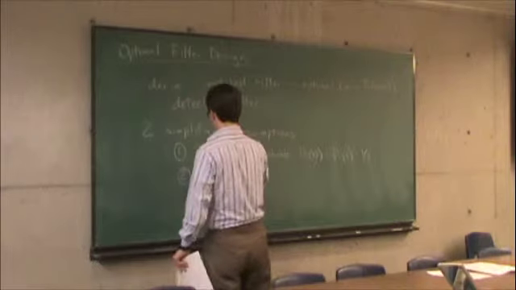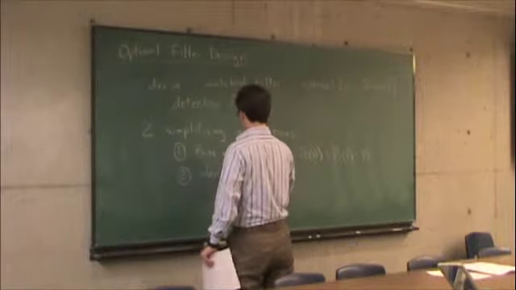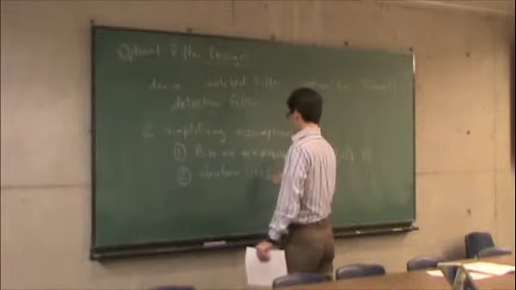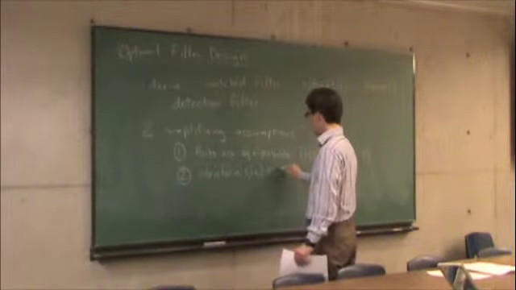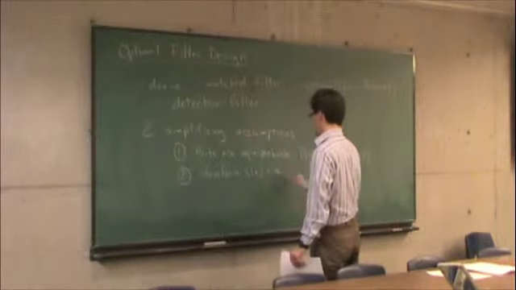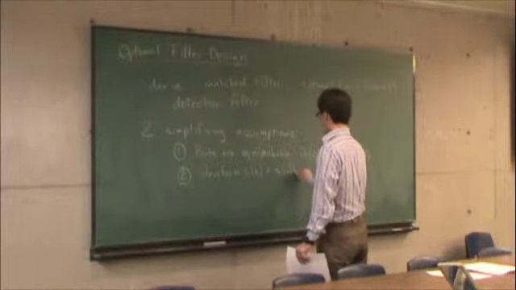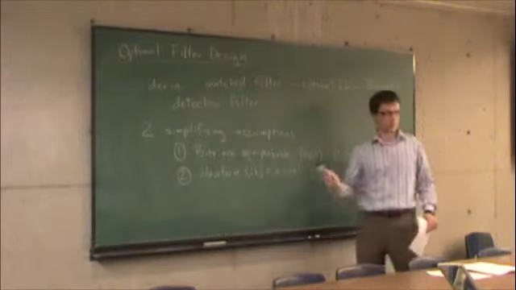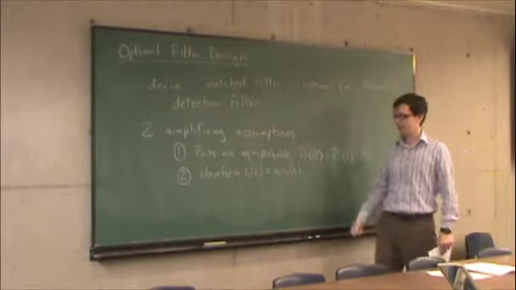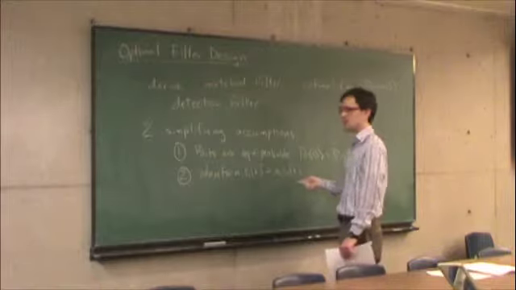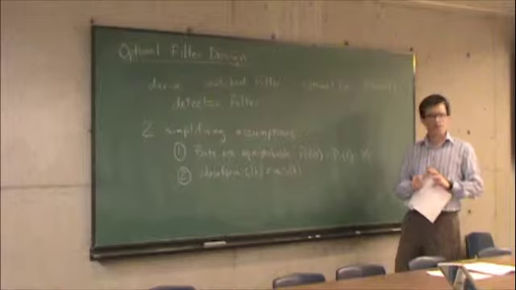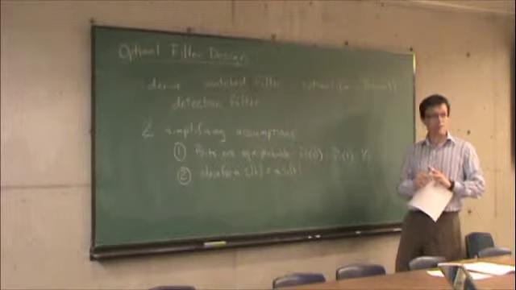Second, the waveform S1 of k is equal to a scalar multiple of S0 of k, and I'll call that scalar alpha. In other words, if I have S0 of k, S1 of k is just some multiple of that. We've seen three examples of modulation schemes so far: polar NRZ, BPSK, and on-off keying.